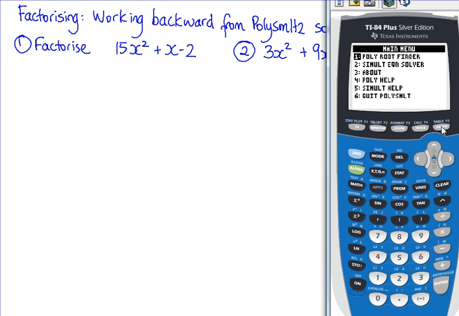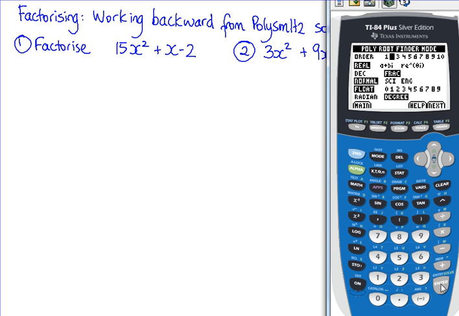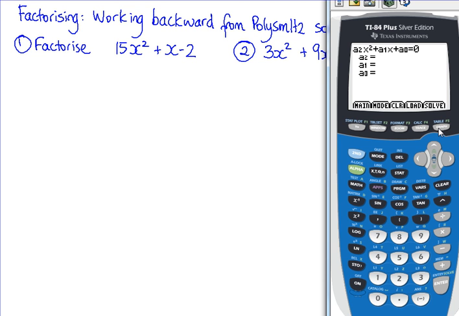Polyroot Finder is what we're doing, so it's enter one more time, and we don't need to change anything. Now we're at the screen where we can enter these values. The coefficient of x squared is 15, coefficient of x is 1, and the constant term is -2. Okay, and we're going to solve.